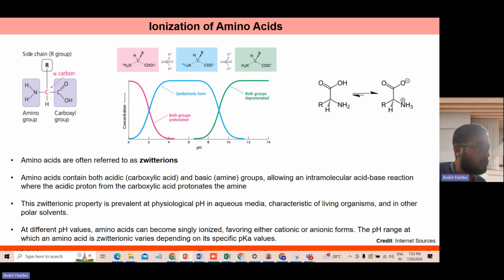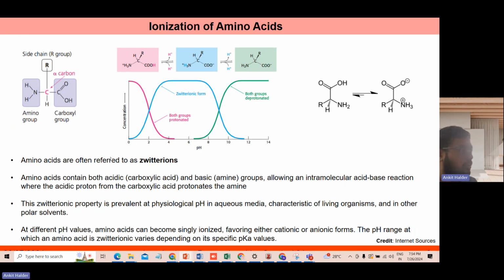This is measured in terms of pH. Whether the amino acid will be in protonated or deprotonated form, in the acidic or the basic state, is determined by the pH and is completely dependent on the solution.